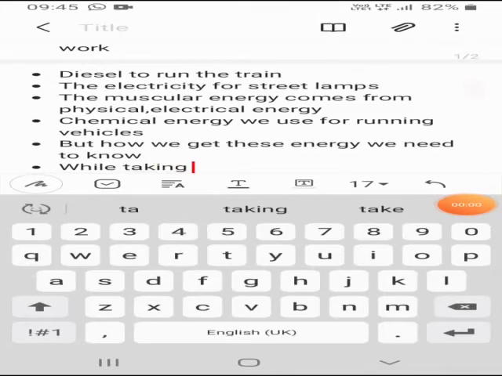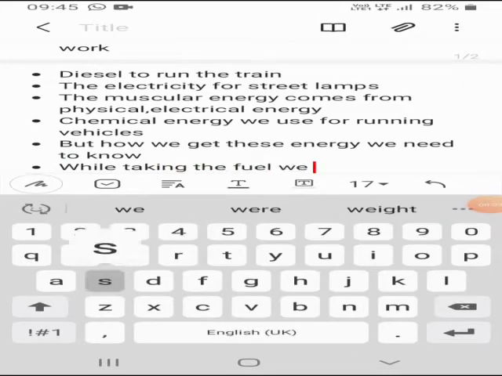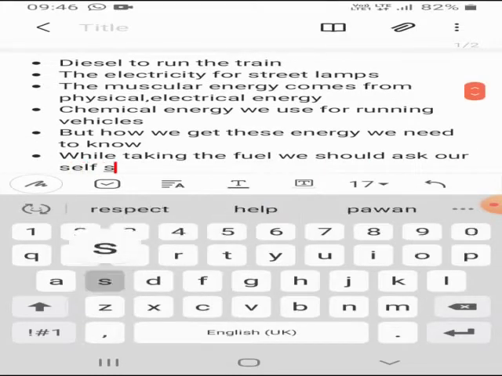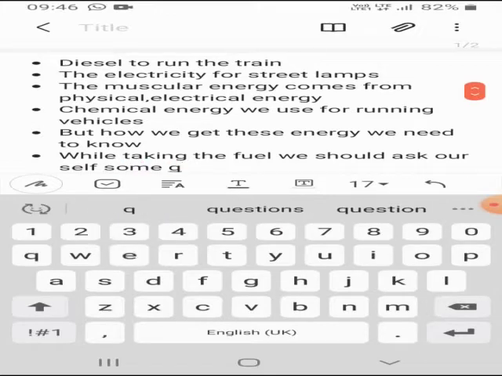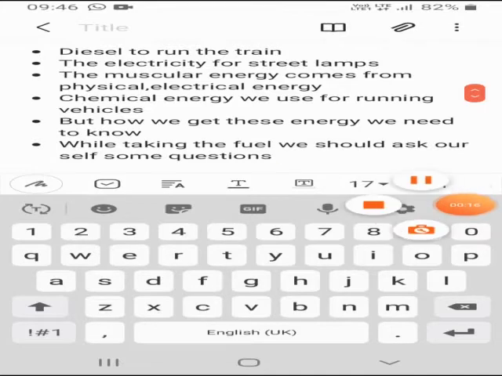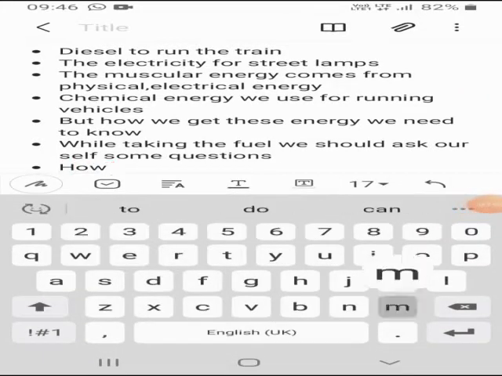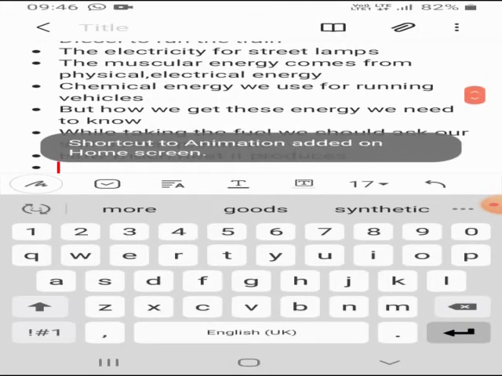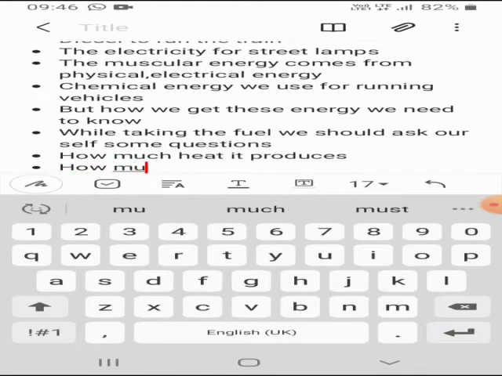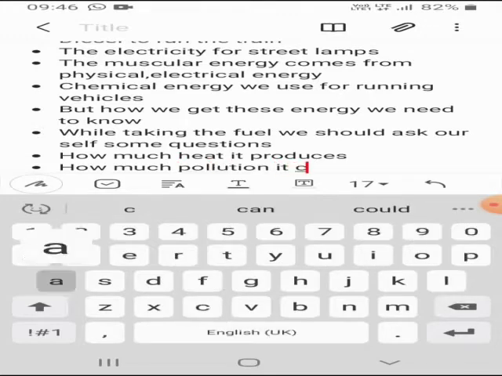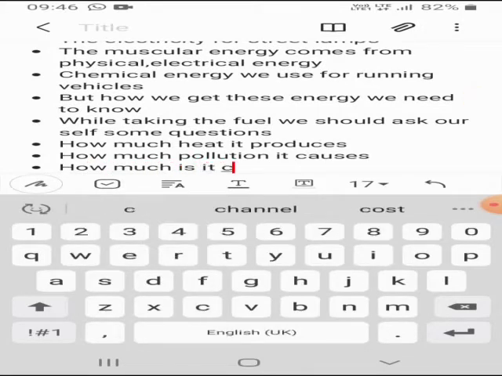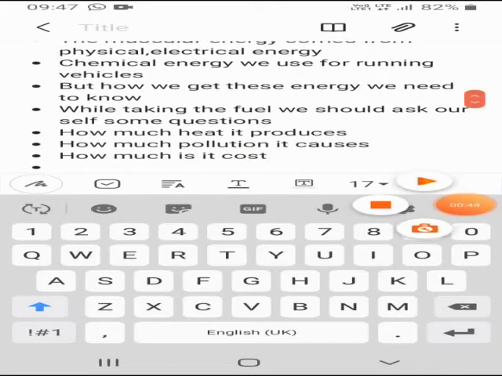Taking the fuel, we should ask ourselves some questions like how much heat it produces, how much pollution it causes, and how much it costs. So this we should be knowing.